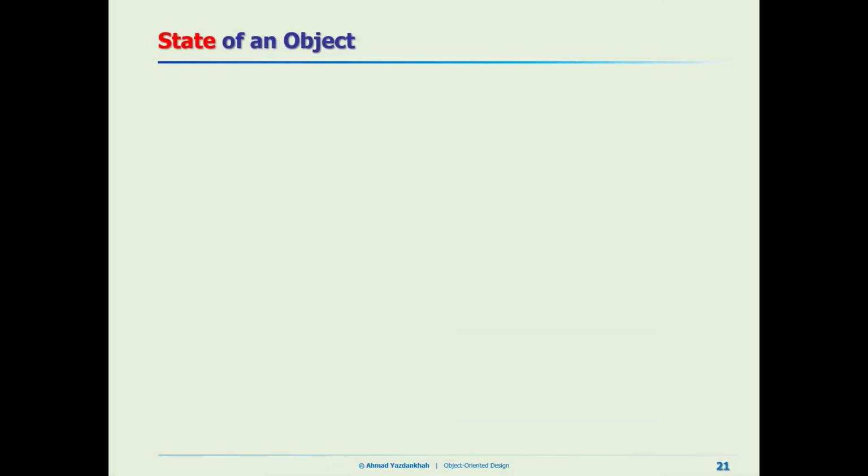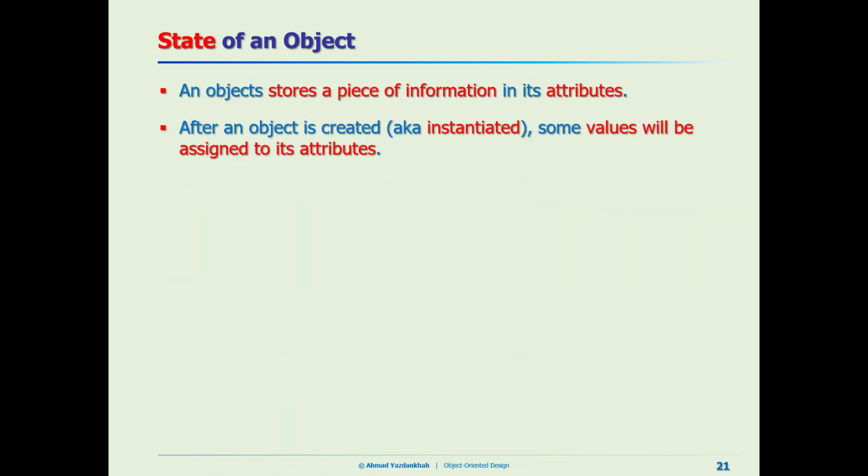So what is the state of an object? So we said object stores a piece of information. Where? In attributes, right? So if you instantiate an object, probably you will assign some values to these attributes. And during the runtime, the values of the attributes I'm talking about might change.